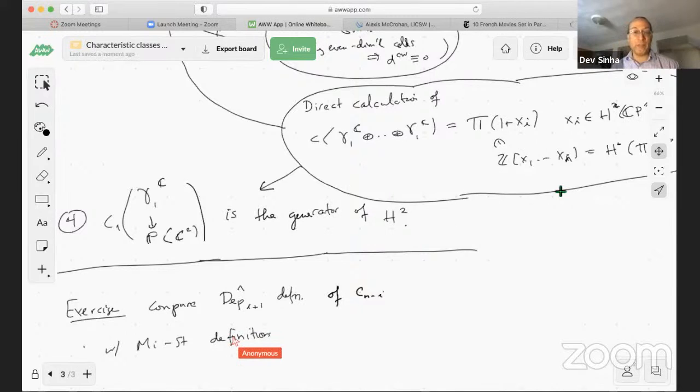Milnor and Stasheff give it as an exercise to show that you can use the Gysin sequence to construct Stiefel-Whitney classes which satisfy the 4 axioms. Again, I'm not sure how the Whitney sum formula goes in that setting.